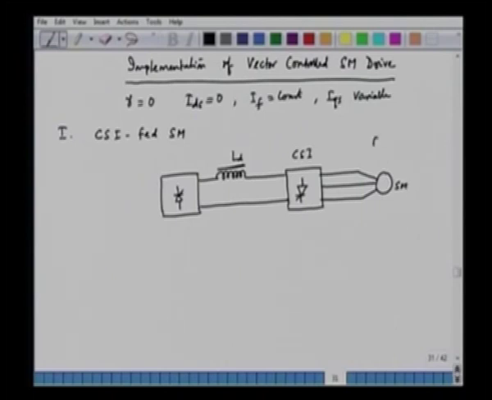And we have the field winding here, and the field winding is fed through the slip ring, and we can keep IF constant. We have the 3-phase AC input, and this is a 3-phase converter, and here we have a phase regulator.